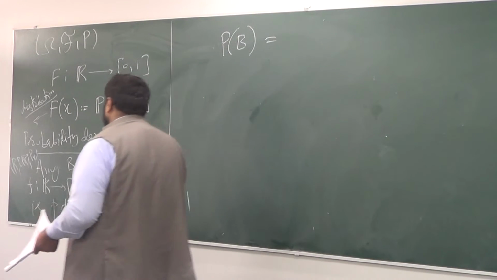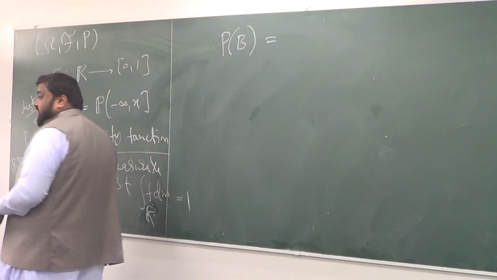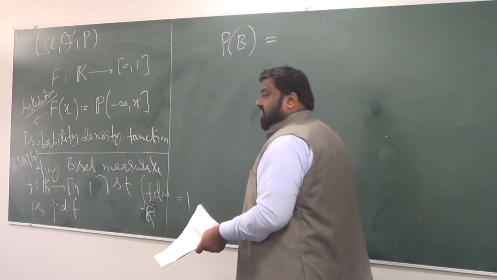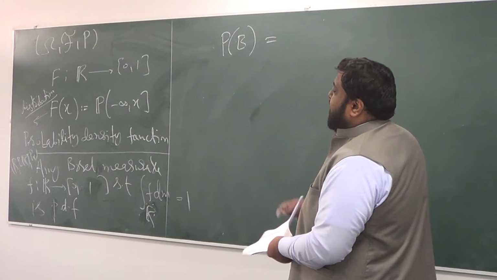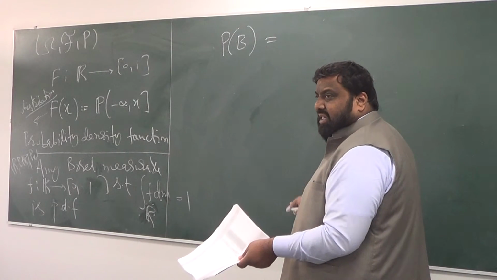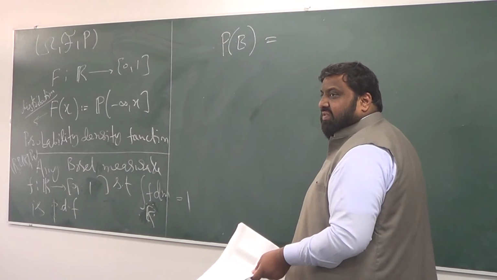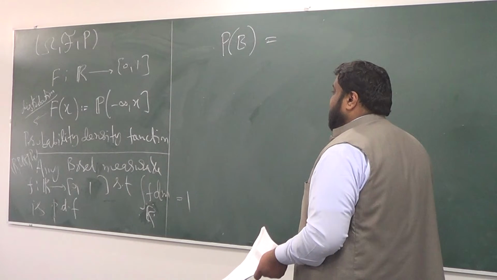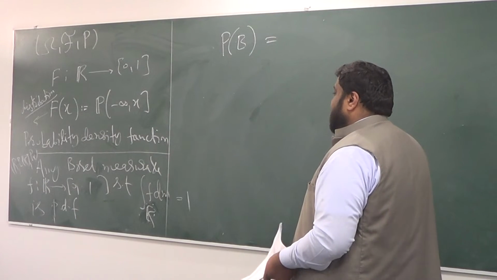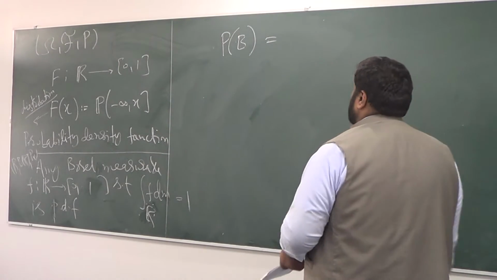Even if I write 0 to plus infinity, it's not mathematically wrong. So any function which is Borel measurable and has such a property, you can call a PDF.